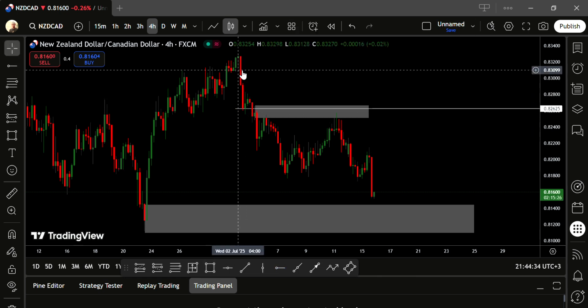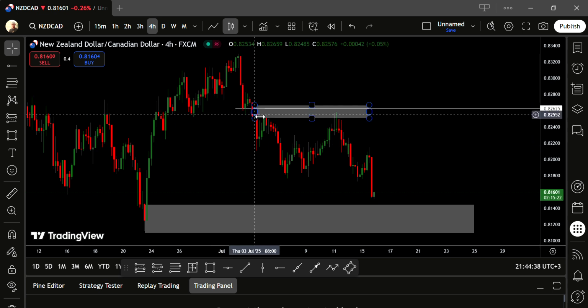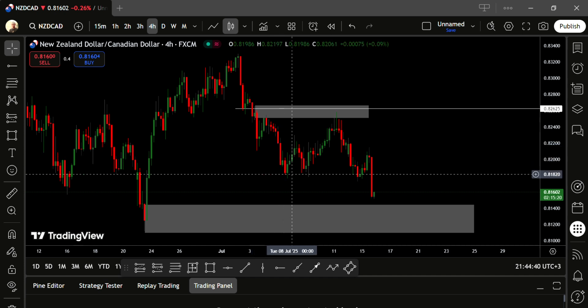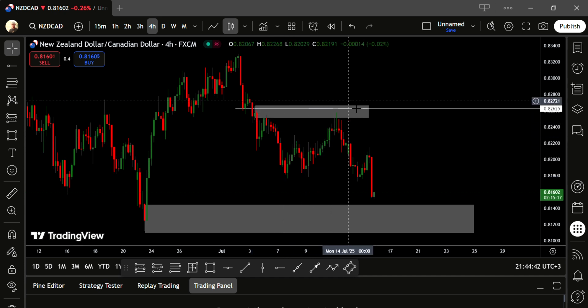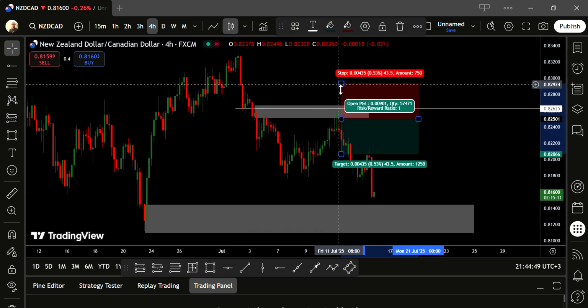See, this was support. When it was broken, it turned into resistance, left a demand zone here, and then price dropped. So when it comes back to this area, we were selling, but we were selling up to the demand zone down there. So the entry was supposed to be like this.